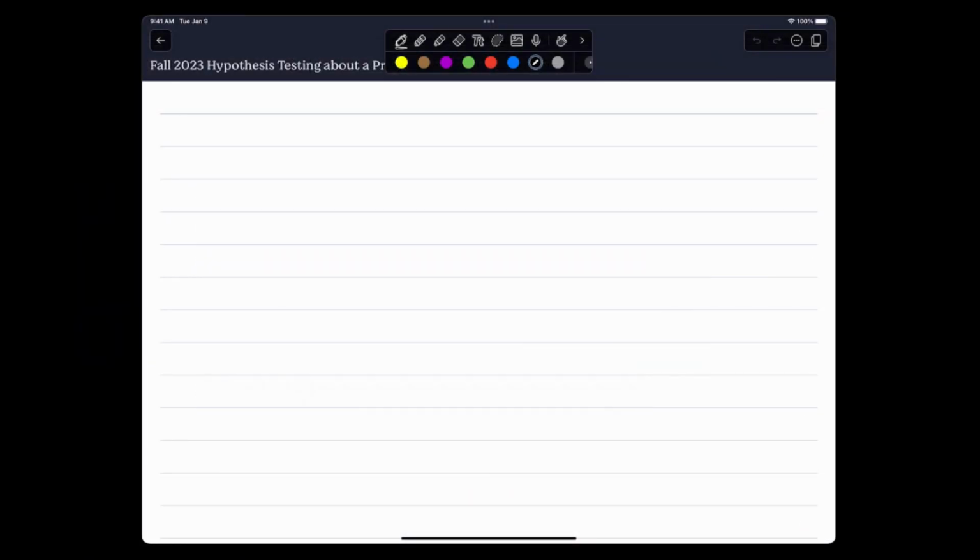Let's give you guys some information here. What is a hypothesis? What do you think a hypothesis actually is? Did you guys ever hear that phrase before? What does that even mean?